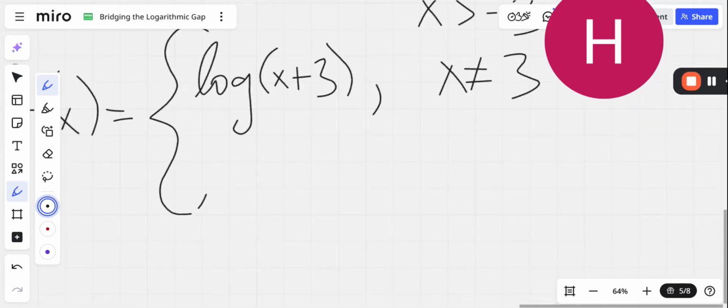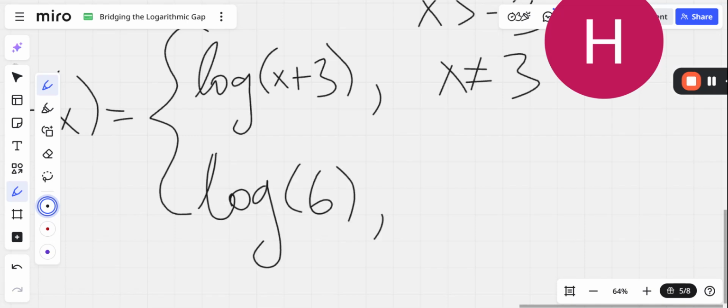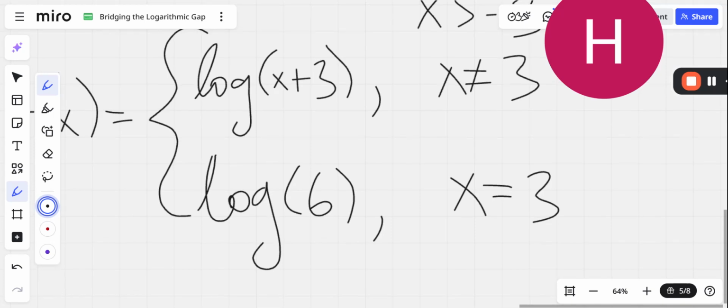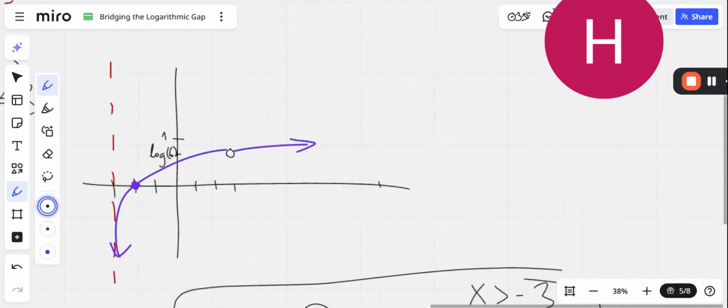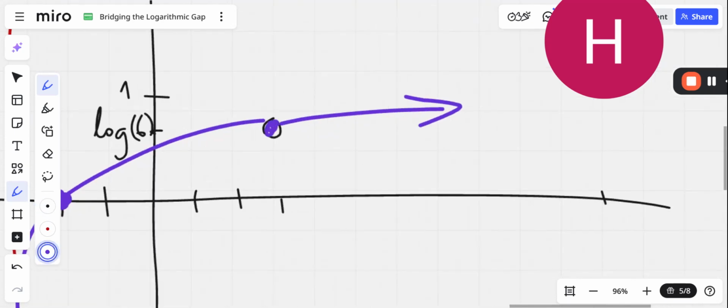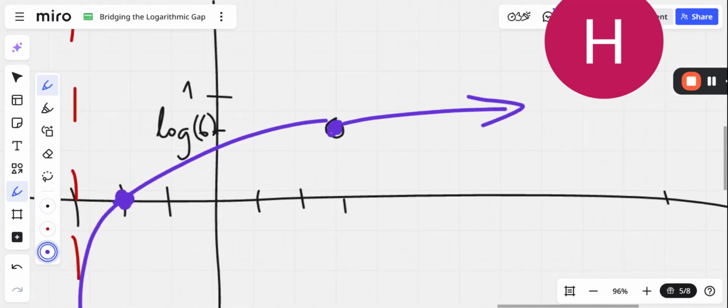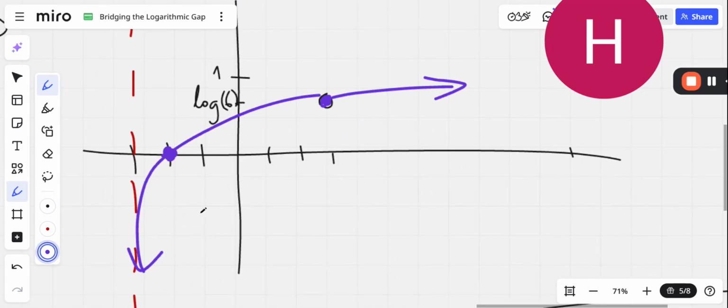And log of 6 at that exact point, x equals 3. This gives us the definition of the piecewise function, and that will allow us to fill in the hole that is right there. Okay, and now we have a continuous logarithmic function.